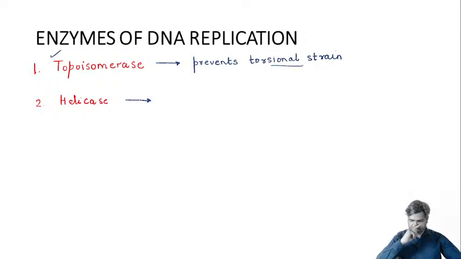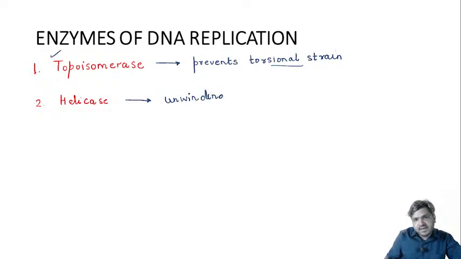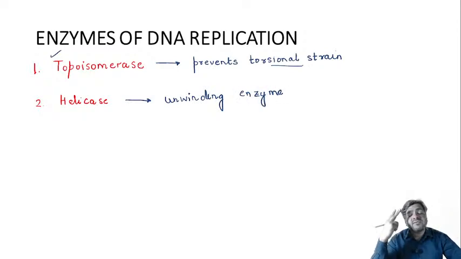Helicase basically means the unwinding enzyme. You already know that the enzyme which actually unwinds the two strands of the DNA is the helicase. So helicase is the unwinding enzyme.